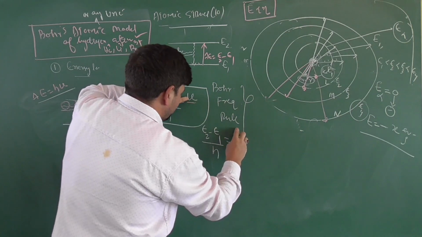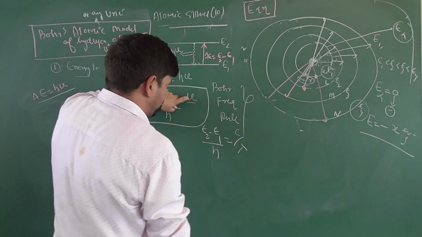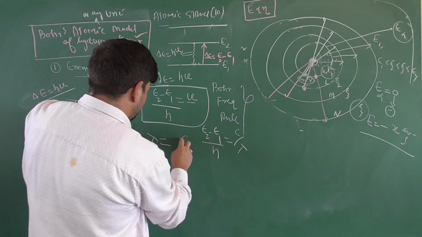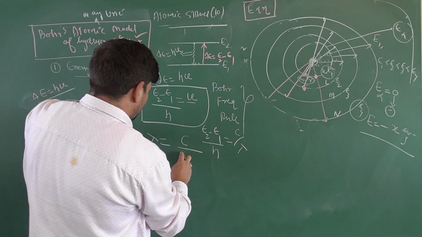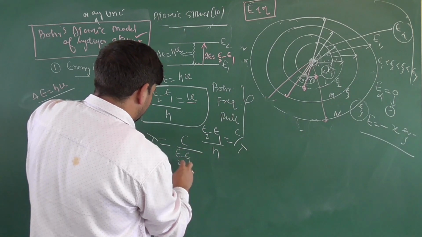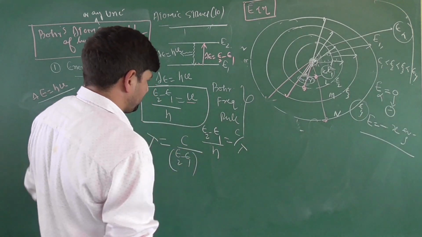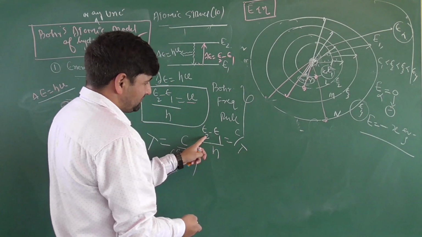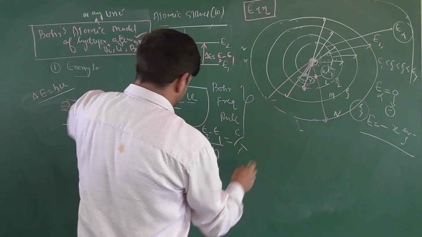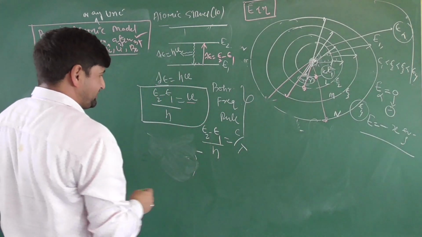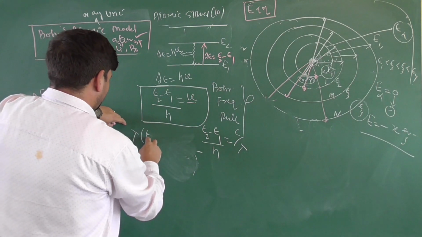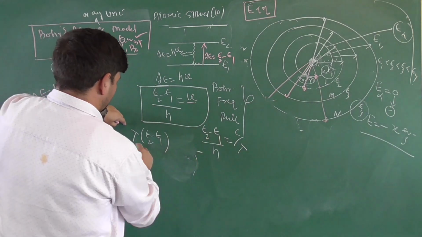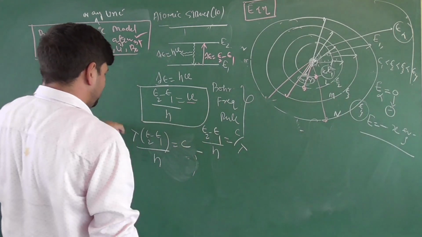What is nu equal to? C by lambda. How can you find out lambda? Transfer it here. Lambda will be equal to C divided by E2 minus E1. Or transfer lambda here, children. How can we write it down? Make it simple for understanding. So it will be lambda times E2 minus E1 by h equals C. What am I calculating?